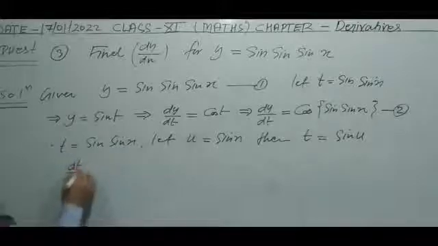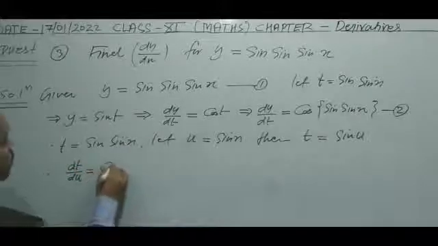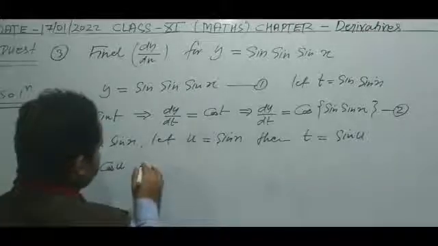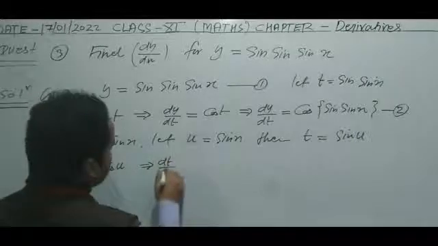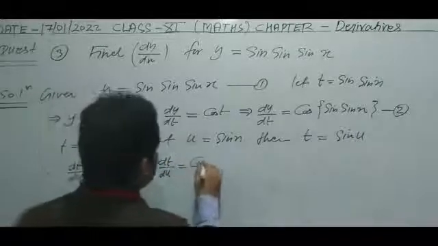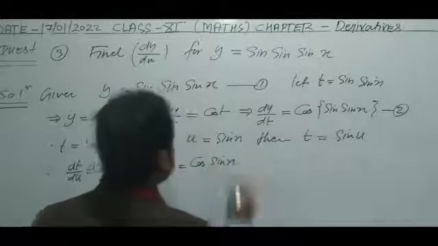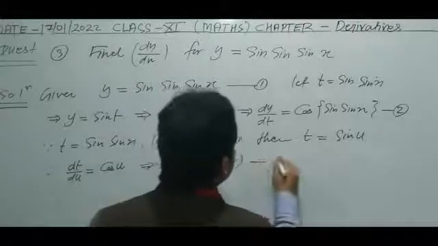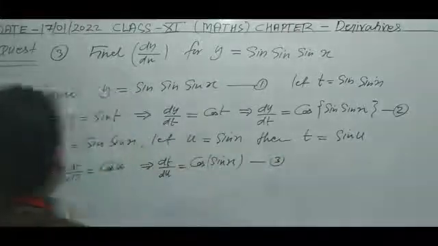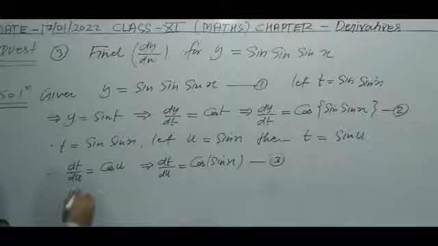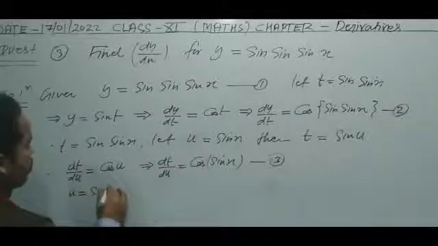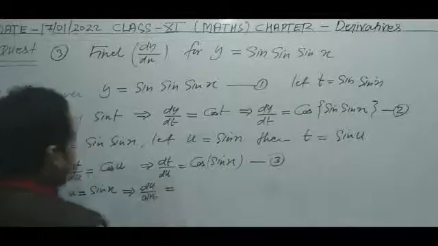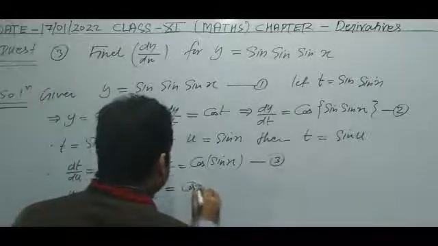Therefore, dt by du result is cos u. And cos u means cos of sin x. Now consider this is equation 3. And u is equal to sin x. This implies du by dx result is cos x.